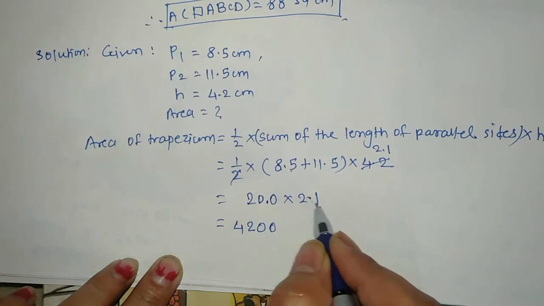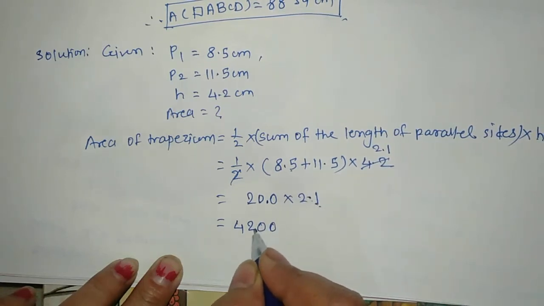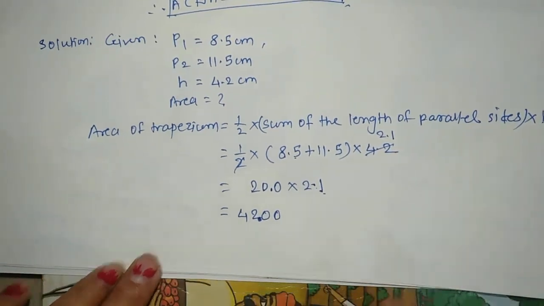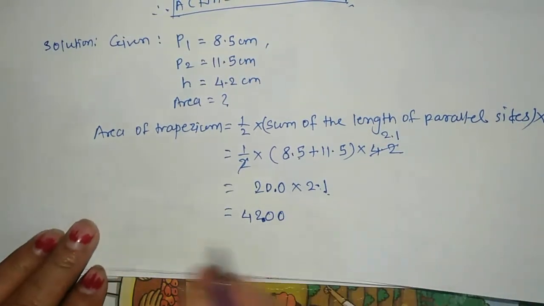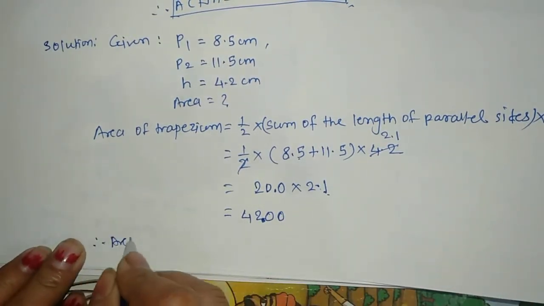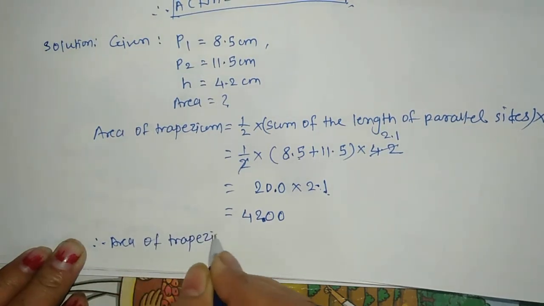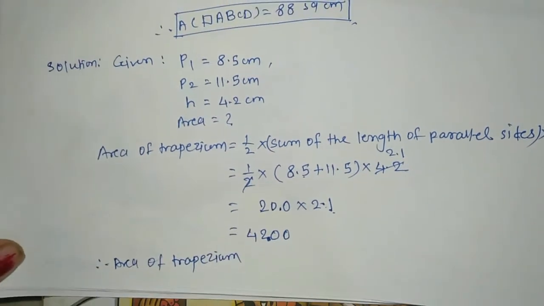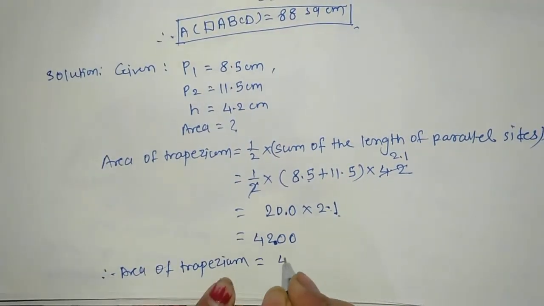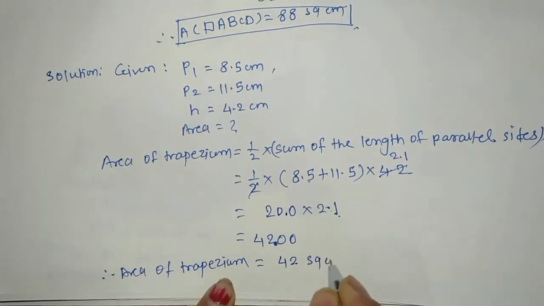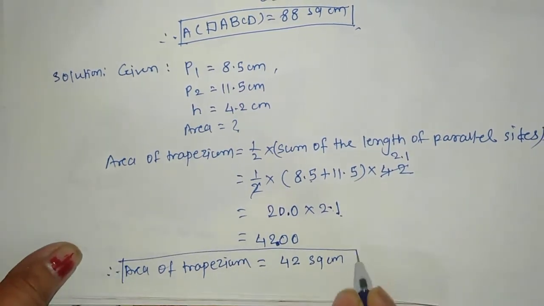So leave the two decimal places here. 42.00. So therefore area of trapezium equal to 42 square centimeter. Very simple.